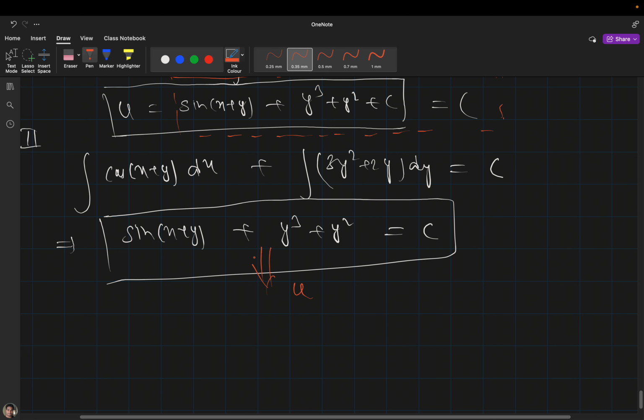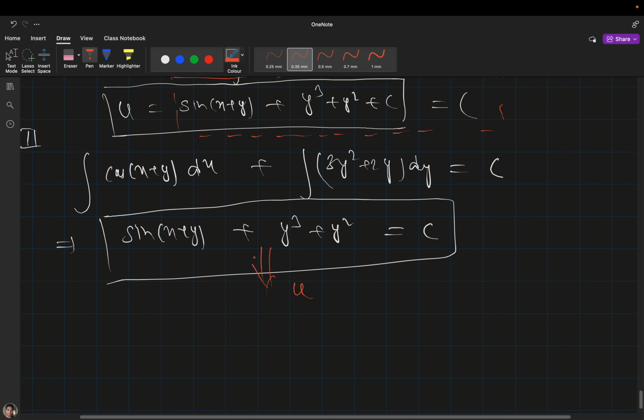If a function is equal to a constant value, then it can be termed as exact. It's a general form, and there are lots of applications. When you solve the Cauchy-Riemann equations in complex variables, there also you will solve this kind of differential equation. Not just here, there are lots of applications. This is the mathematics, and you have to apply it everywhere.